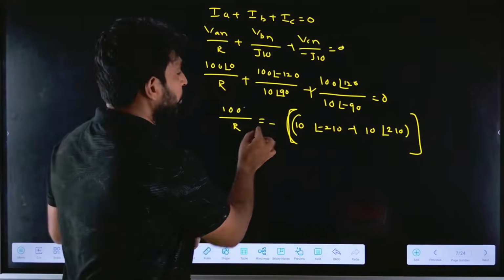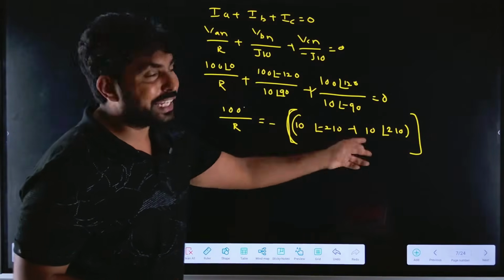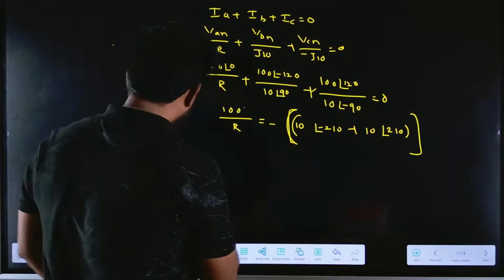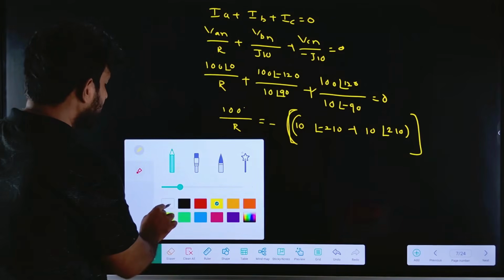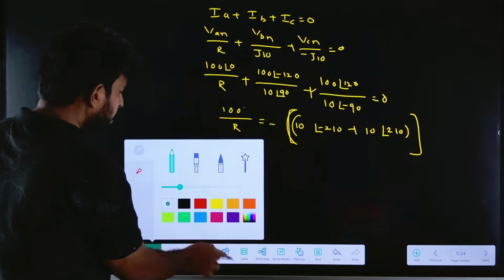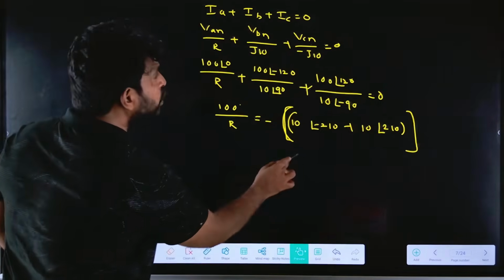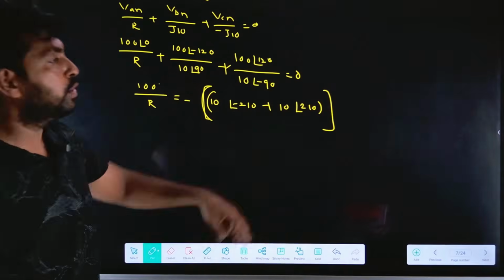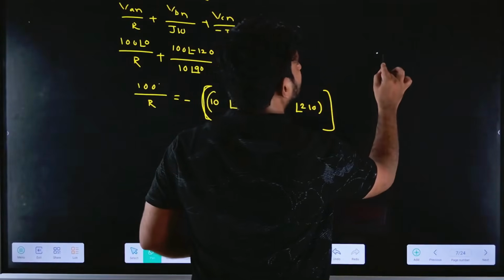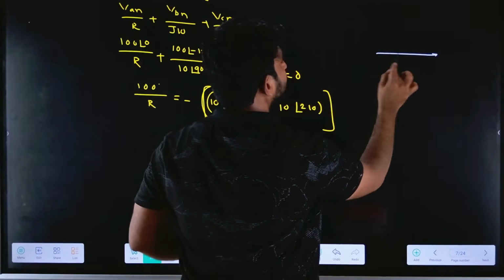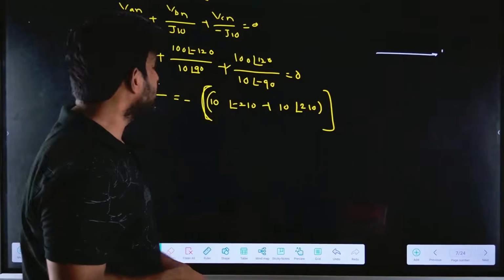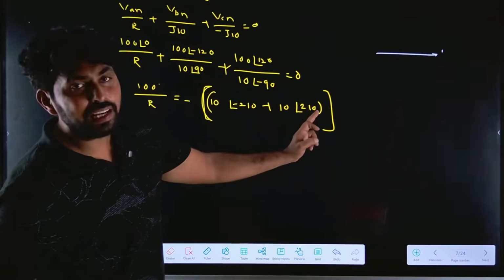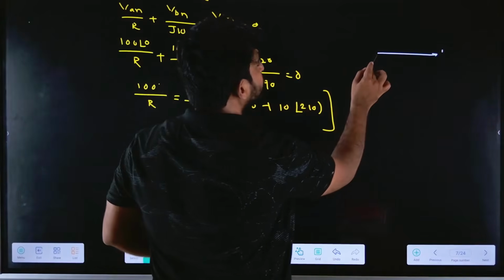If I take the 10 as separate, how can you find this? If you know fast calculations, you can find it. Otherwise, you can find it in a simple way. There are two values. If I take one as a reference, it is one at an angle minus 210 and one at an angle plus 210.